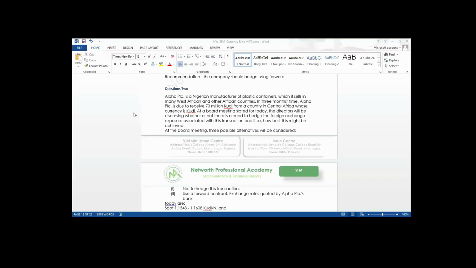Question 2. Please let us pay attention. What we have observed is most students try to avoid this question. And the reality, or what is close to reality, is that the examiner will either test foreign currency or options. May diet last year, the examiner tested options.